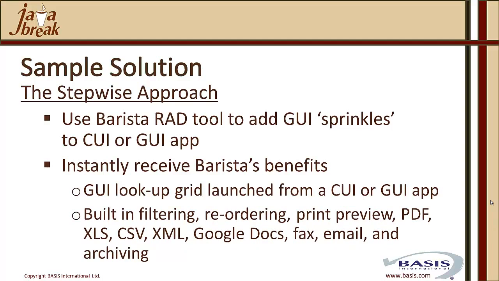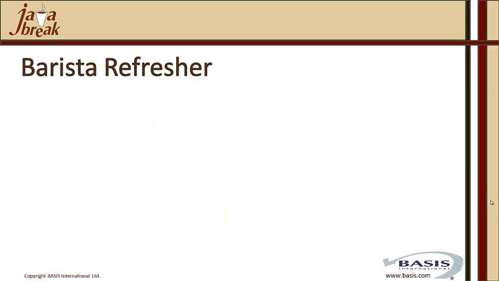And then we get built-in filtering of that data, ability to reorder the columns. We'll have options of creating a print preview on screen to page through, or create PDFs, XLS, CSV, XML, or Google Doc formats. We can fax it, email it, and automatically archive it, all part of the built-in functionality of the building blocks that are incorporated into Barista.